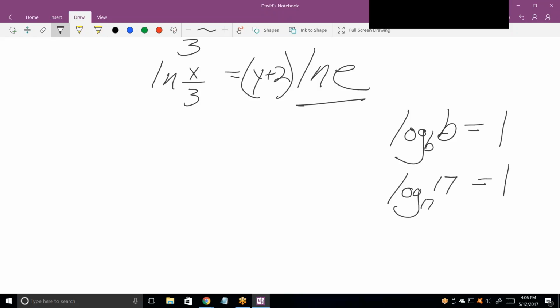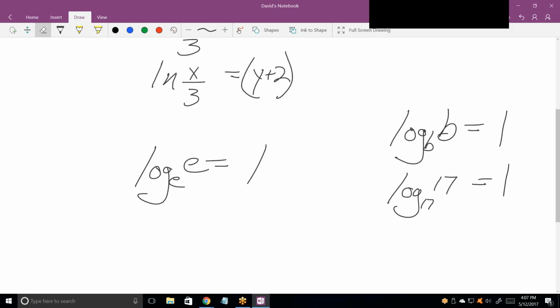Natural log means log base e. So if I'm taking the log base e of e, then it's 1. Okay, I see. So it basically gets rid of that term.